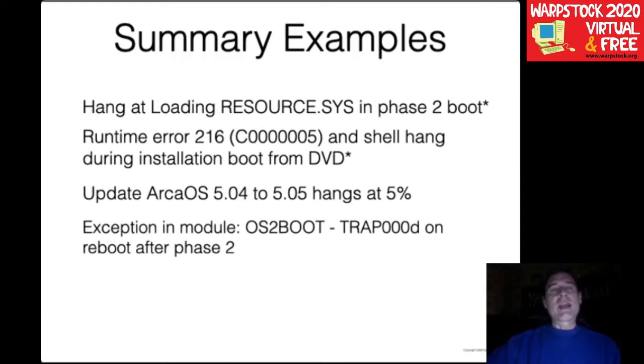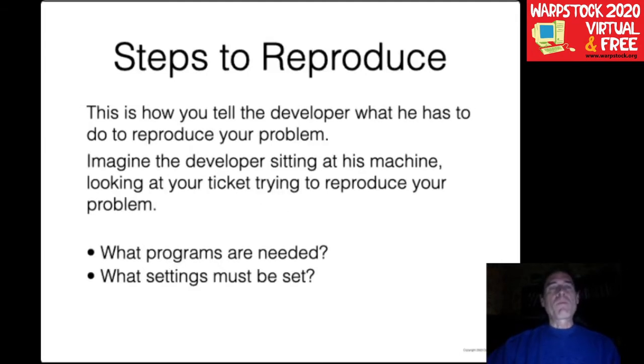Let's take a look at the next thing you need to provide, the steps to reproduce. It clearly says in the wiki, and I have said numerous times, that the steps to reproduce is not how you produce the problem. It's how the developer can reproduce the problem.